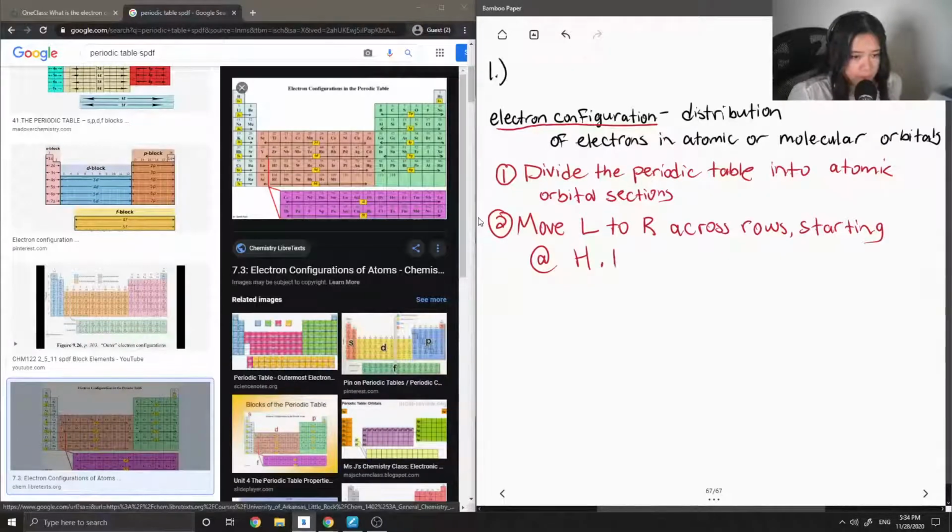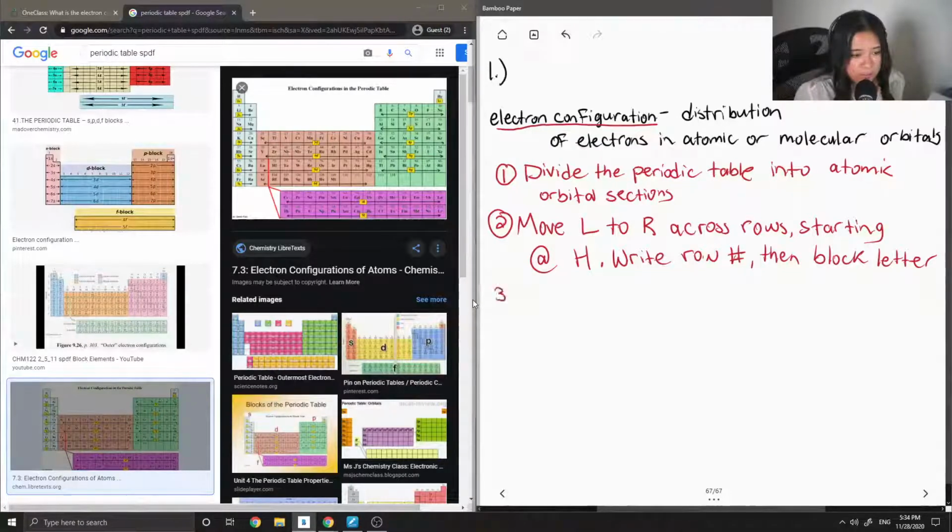And then when you write it down, you write the row number, then the block letter. So this will make more sense when I do the example for the question.